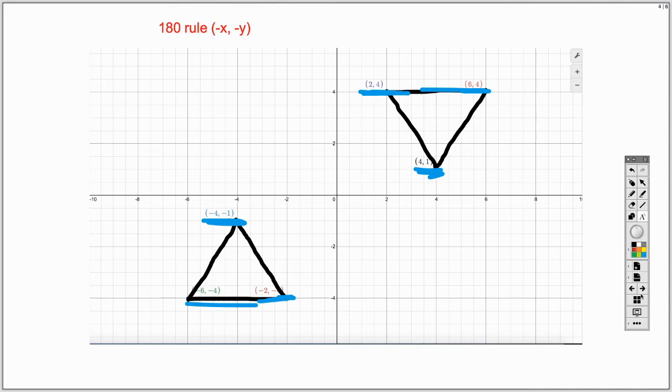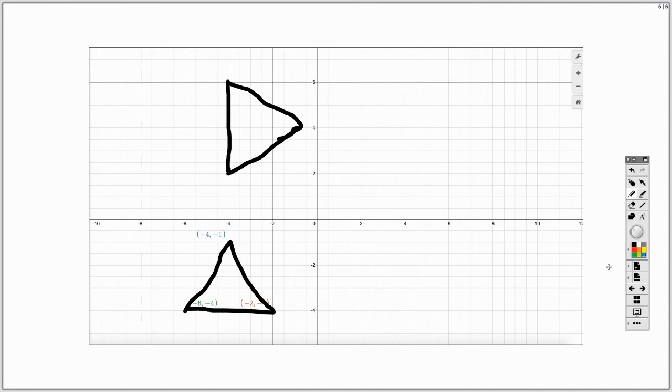Most people tend to understand 180 rotation really well, but they end up getting confused between the 90 rotation and 270 rotation. So I will explain the difference between that. Whenever you're looking at a rotation like this, make sure you always look in a counterclockwise way.